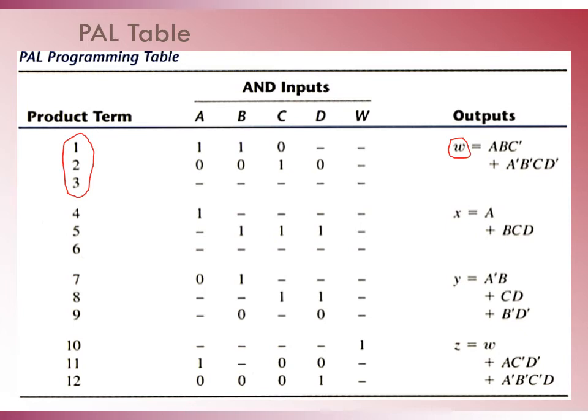The value of W as given by the equation is A, B, C bar plus A bar, B bar, C, D bar. So the first product term is A, B, C bar, that is shown on the middle column of the table, wherein the values of the variables A is 1, B is 1 and C is given as 0 because it comes in the complemented form.